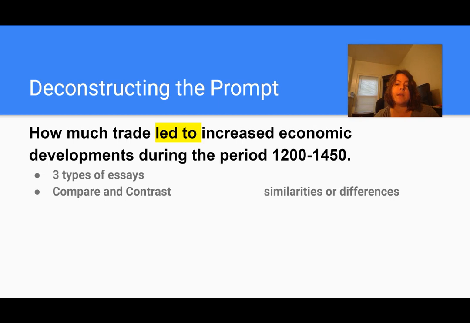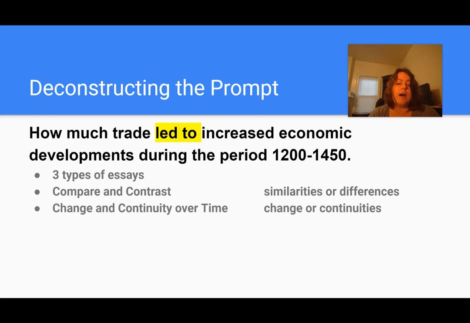You generally know this because the prompt has the words similarities or differences in it. So the prompt might be, evaluate to what extent two of the following empires were similar. Change and continuity over time is the next type of prompt. This usually will have the keywords change or continuity in it. An example might be, evaluate the extent women's rights changed from 1200 to 1750.